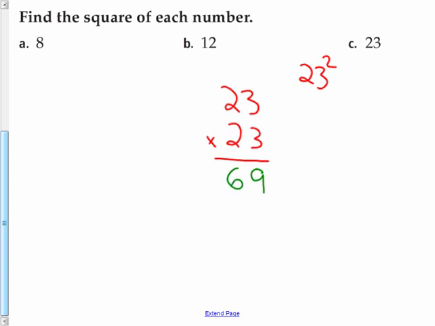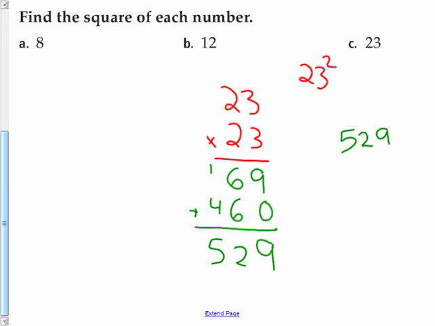Now I need to drop my 0 and do 3 times 2 is 6, and 2 times 2 is 4. If I add those two columns together, I get 9, 12, and 5. So 23 squared, or the square of 23, is 529.